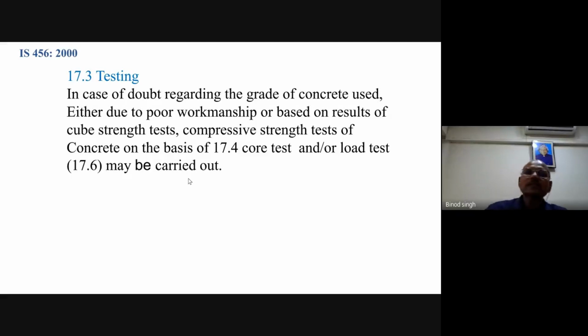So core test also, it is semi non-destructive in nature, and this is the only test which is going to give you the confirmatory test for the concrete. And non-destructive tests like ultrasonic pulse velocity or rebound hammer test, that is an indicative test. But the final decision we have to take based on core test.